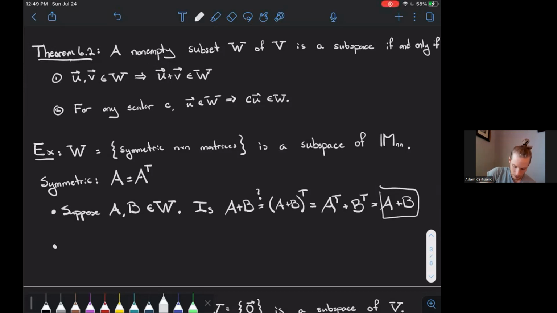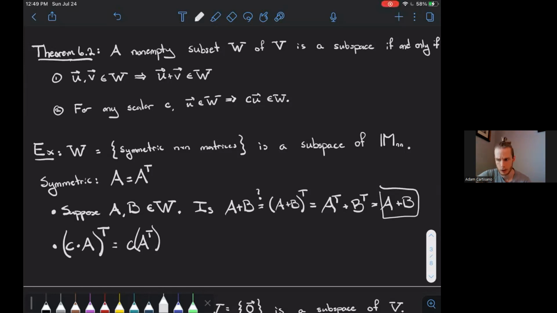For any scalar C, consider (CA) transpose. By the same theorem that allows us to distribute the transpose over the sum, this is also equal to C times A transpose. Yeah, you can just factor.